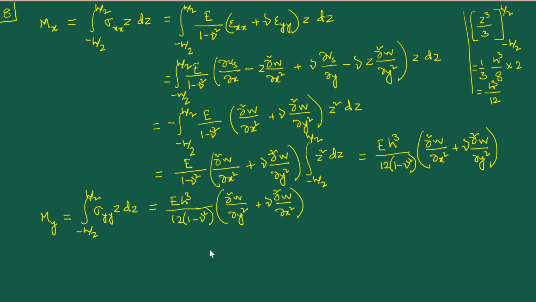All right. Next, let us not forget the Mxy, and that is going to be a slightly different term, but we'll take care of it. So this is sigma xy z dz, and sigma xy is twice G epsilon xy z dz.